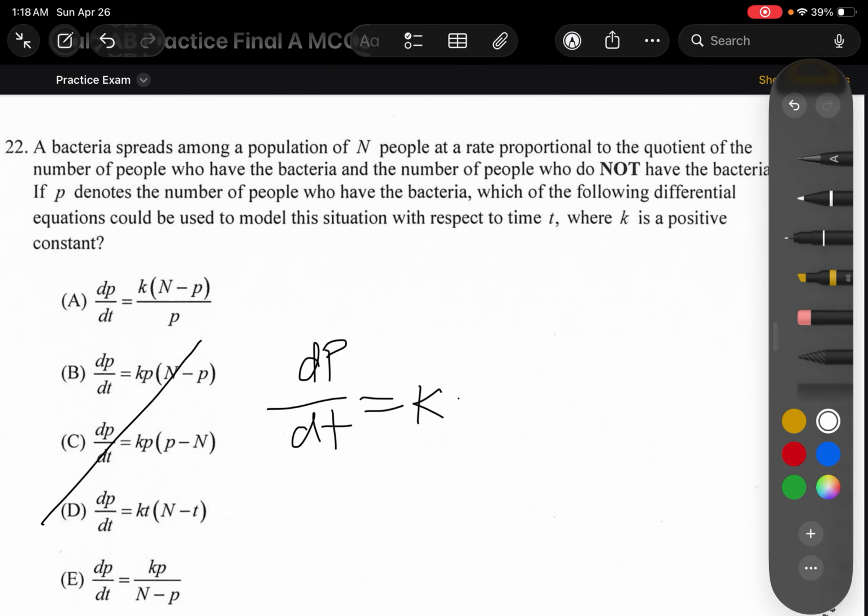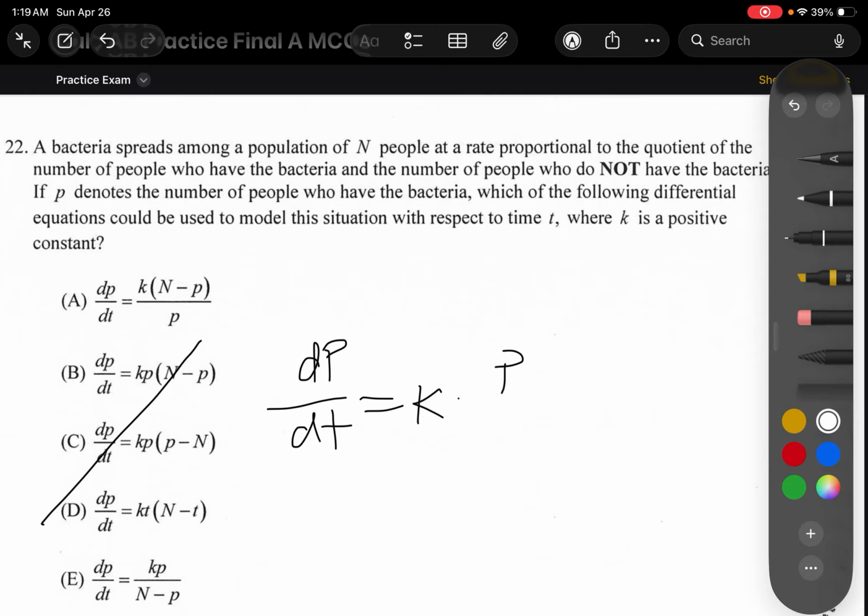The number of people who have the bacteria is represented by P. That's going to be the numerator since that was listed first. And if N denotes the total number of people, we could do the total number of people minus the people who have the bacteria, and the leftover amount is the number of people that don't have the bacteria.